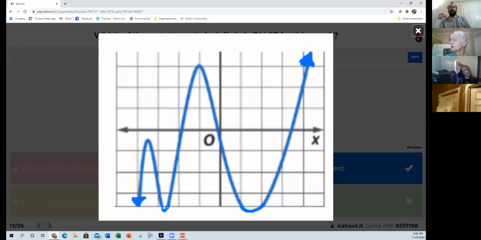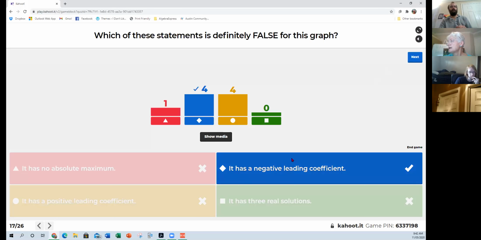Well, no, that was right. That's true too. Positive leading coefficient, because if the very end is going up, that means the leading coefficient is positive. And this one, of course, is wrong because it has a negative leading coefficient. If it had a negative leading coefficient, the tail end would be going down.